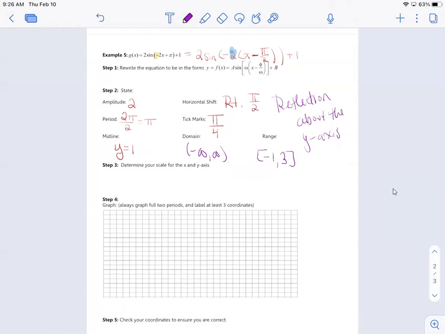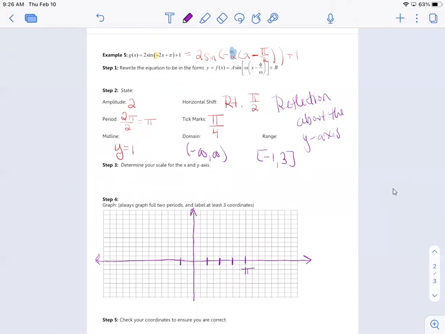Okay, so I'm going to go ahead and create my axes and my scale. I have to go up to 3 and down to negative 1, so let's move this way. Okay, my tick marks are pi over 4. I like to go every other one so it doesn't look so cramped, but that is just me.